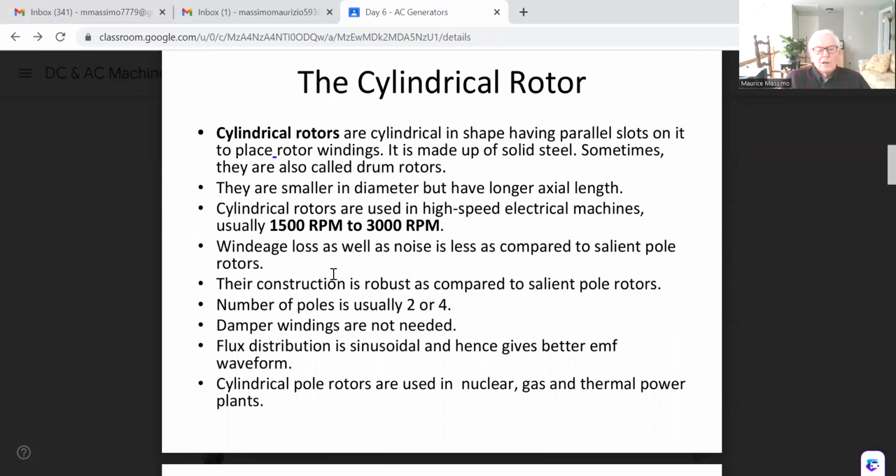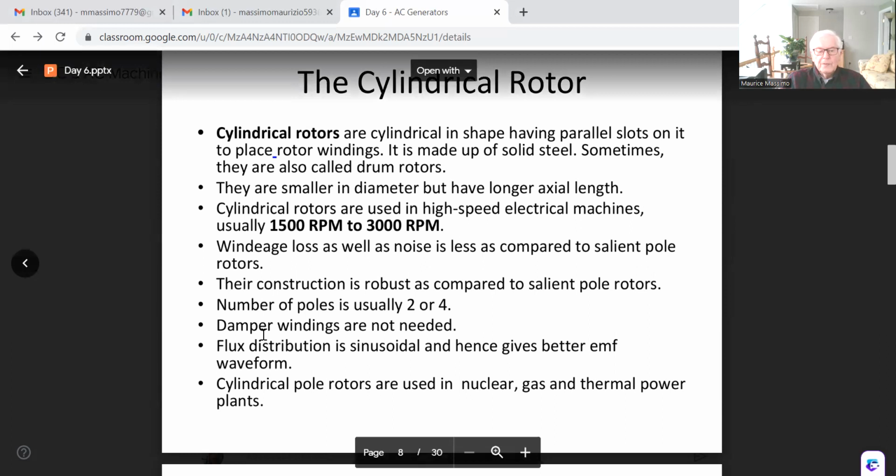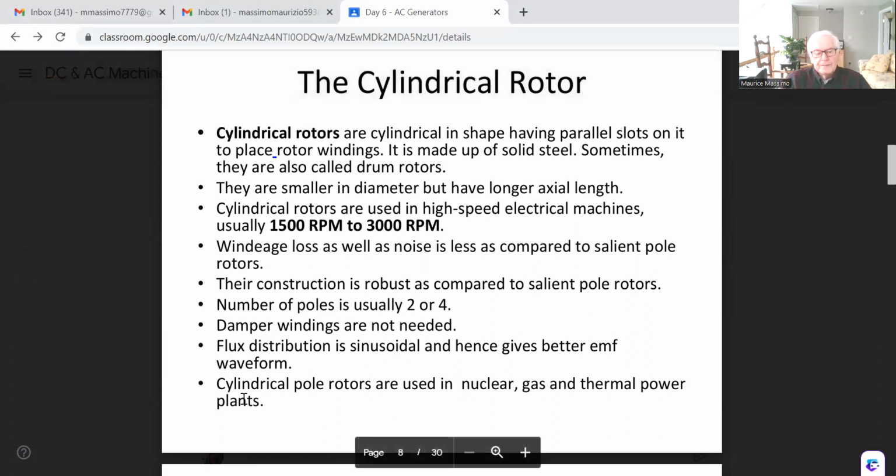Okay, windage losses, as well as noise, are less compared to the salient pole because there's less rough going, and the construction is robust compared to the salient pole rotors. And we can usually have either two or four poles, and damper windings are not needed.